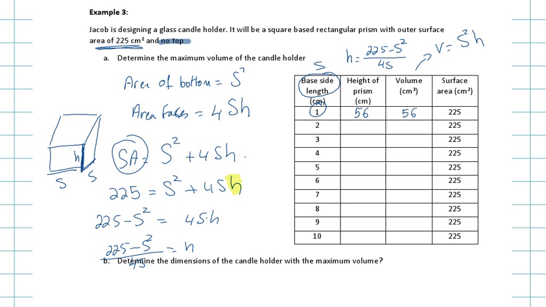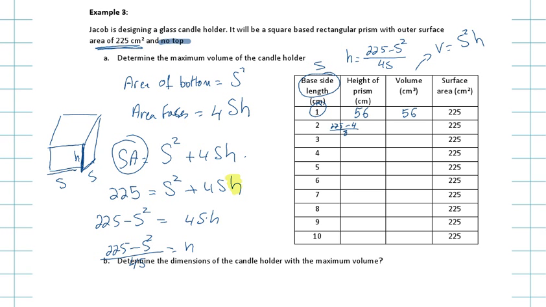Now, find this one. I have to do 225, take away S squared, which is 4, over 4 times 2, which is 8. Are we okay with that? So, 2 in for S. 225 minus 2 squared, so that's 225 minus 4, divided by 4 times 2, which is 8.